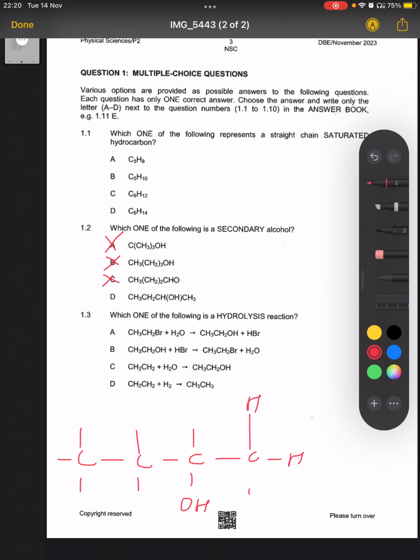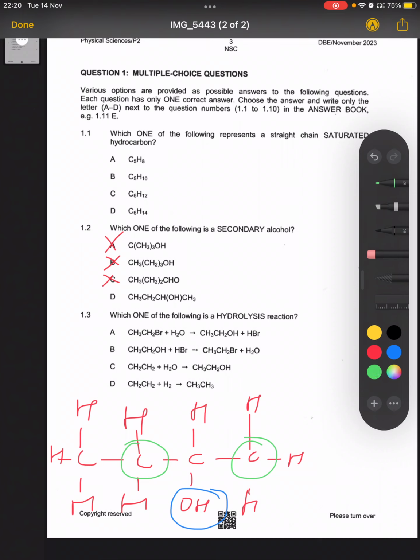Let's put down the H's to show that this is a secondary alcohol. Now, the carbon bonded to the hydroxyl must be bonded to two other carbons. That makes it secondary, and that is how we got to say this is the correct one.